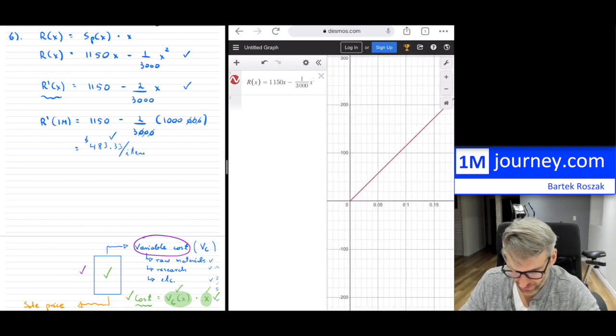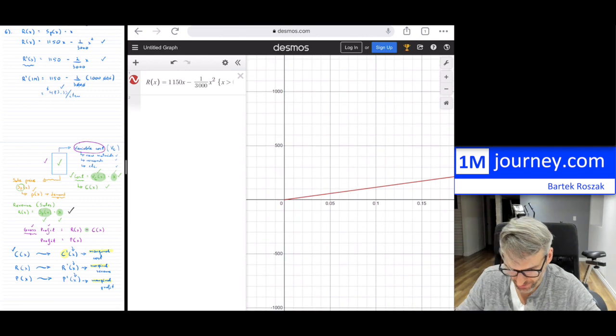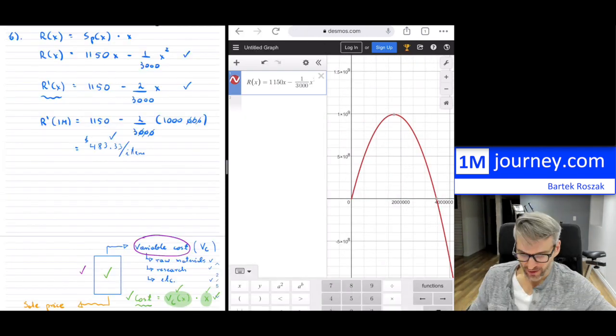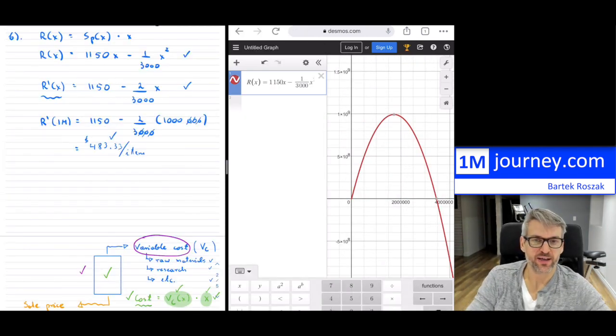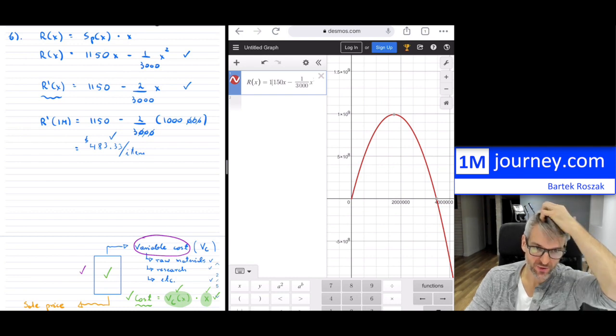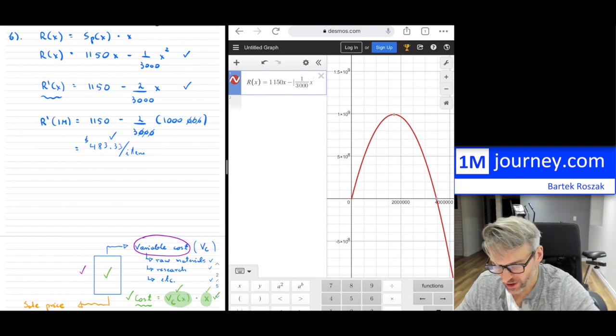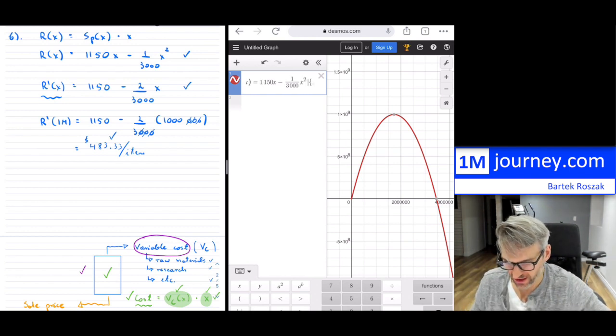Now, if I start doing this, let me blow this up. All right, so there you have it. Notice that it's 1 times 10 to the 9, which is a billion. And notice that it is kind of peaking. Now, we do have a capacity here, so we have to be careful.